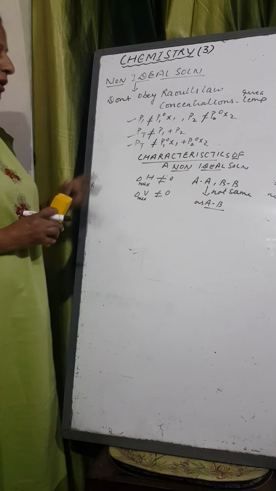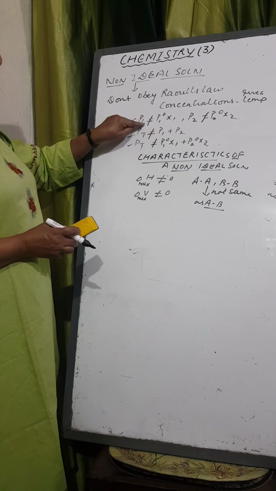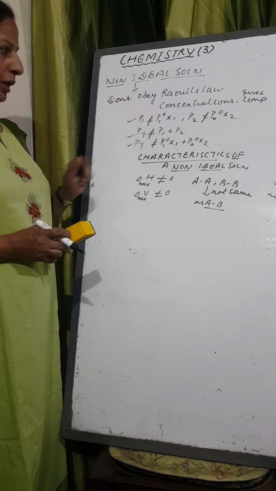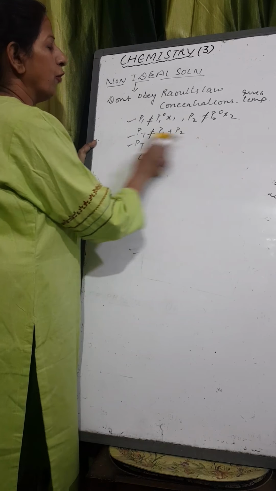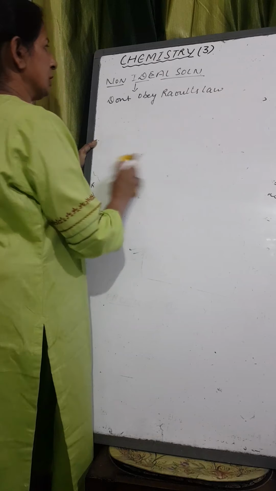Now there are two possibilities. I said P1 does not equal this, meaning it may be greater or it may be smaller. So depending upon this, we have two types of non-ideal solutions.